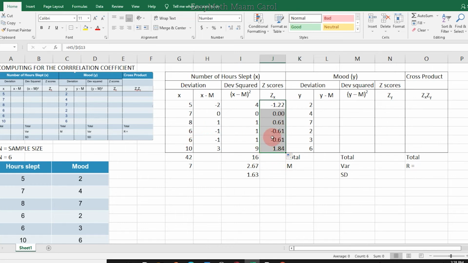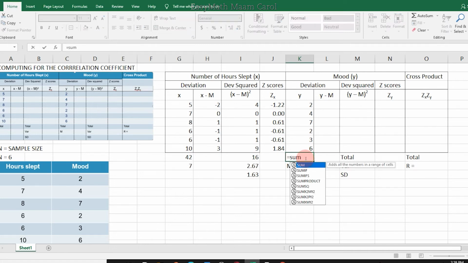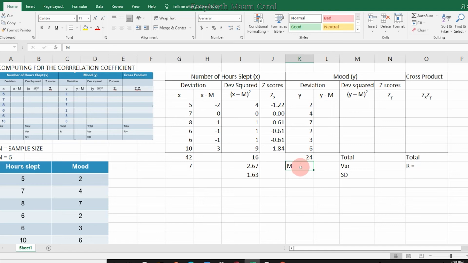We process the same for Y. So we get the total. Highlight the values. Okay, and then get the mean. That would be 24 divided by 6.